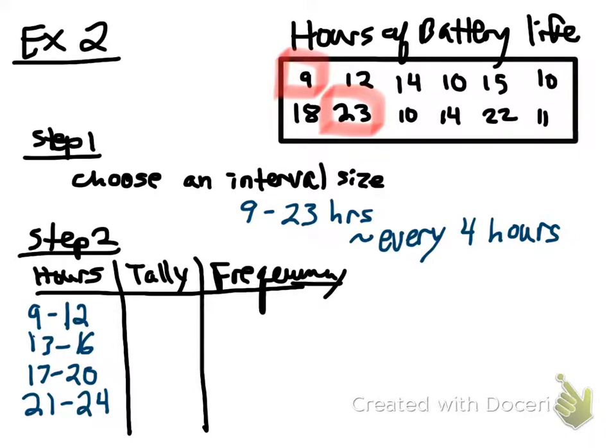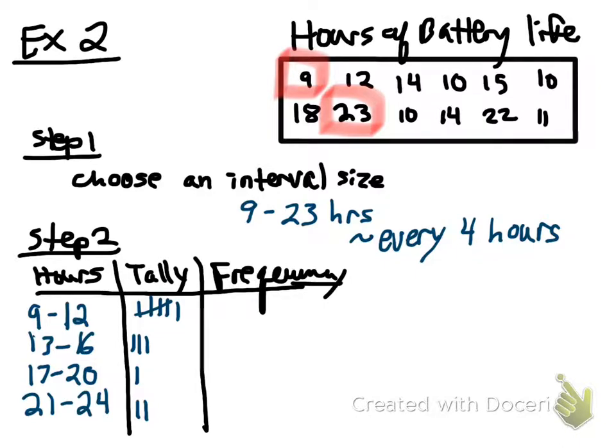So we're going to go through and tally up how many different numbers appear in the 9 to 12 range: 9, 12, 10, 10, 10, and 11. In the 13 to 16 range: 14, 15, and 14. 18 is in our 17 to 20, and 23 and 22 are in 21 to 24.